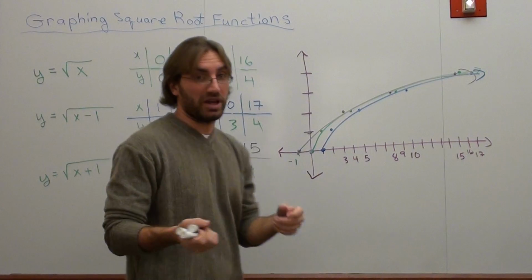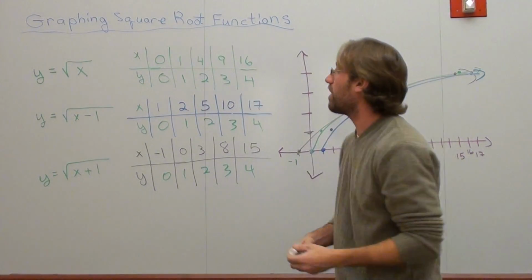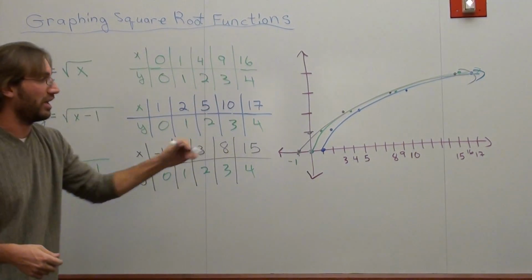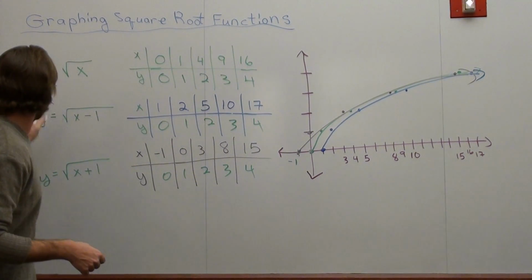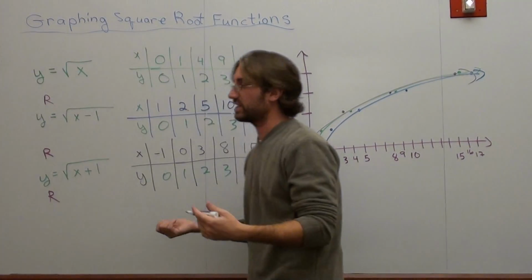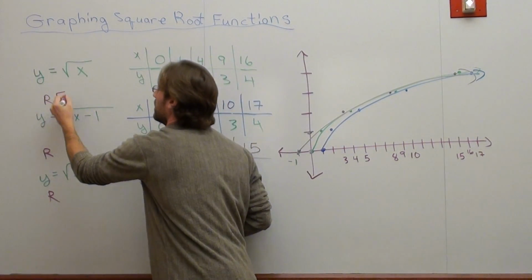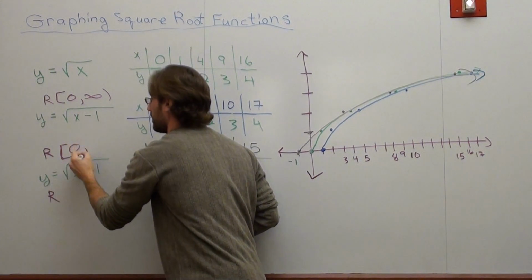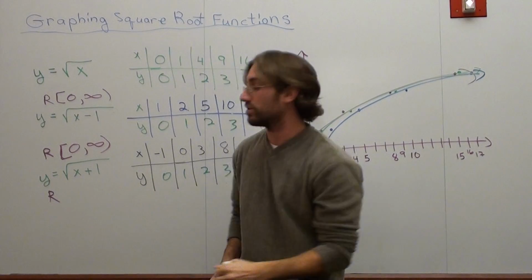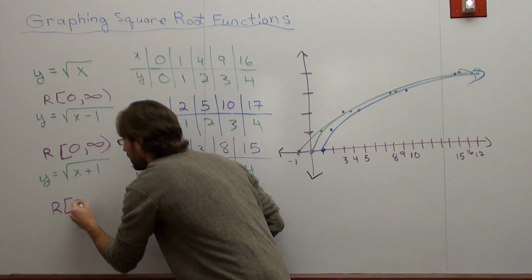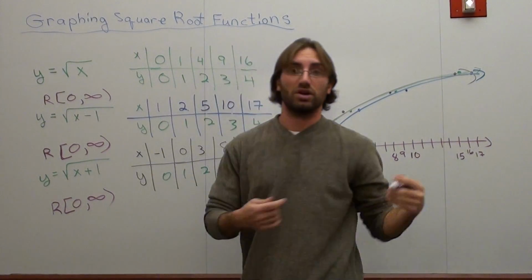Now if you want to do your domain and range for each one, the domains are different, the ranges are exactly the same. Range is the set of y values. I'm going to go ahead and do the range first because it's the easiest one. Include 0, goes to infinity. Include 0, goes to infinity. Include 0, goes to infinity.